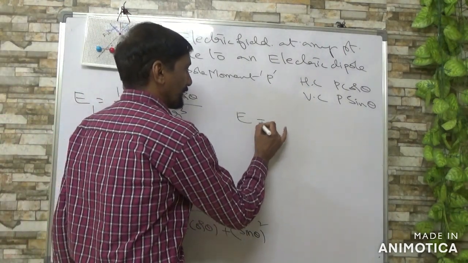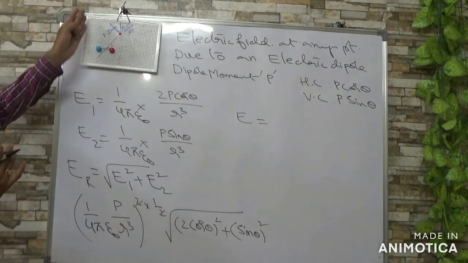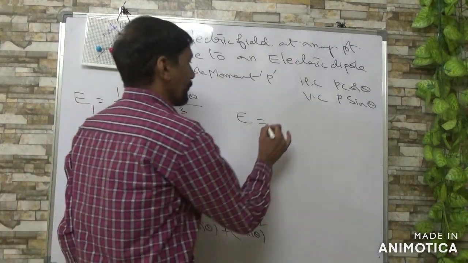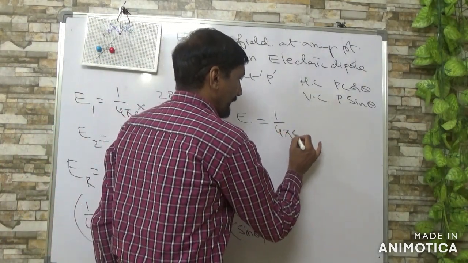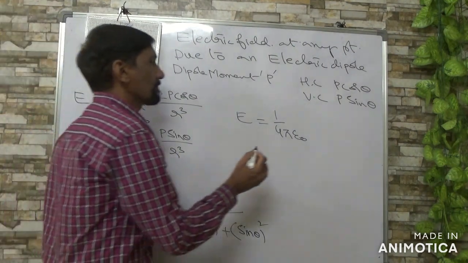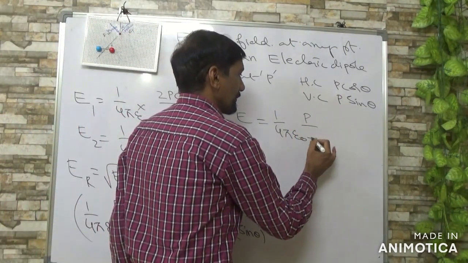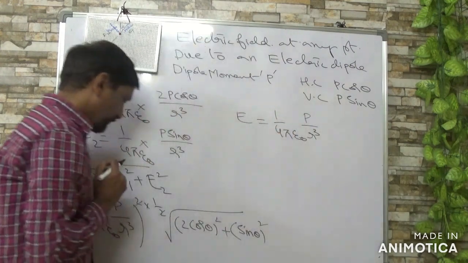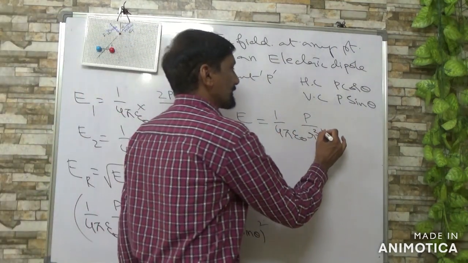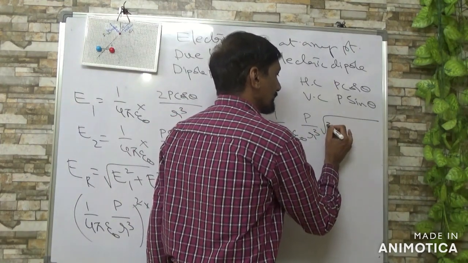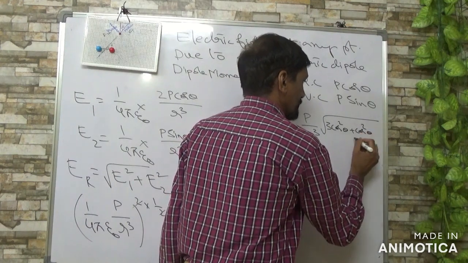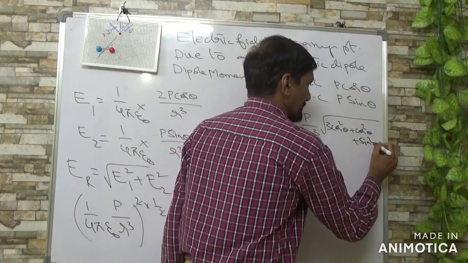So the electric field strength at any point due to a dipole is given by 1 by 4 pi epsilon naught into p by r cube. This is 4 cos square theta, so I can write this as 3 cos square theta plus cos square theta plus sin square theta.